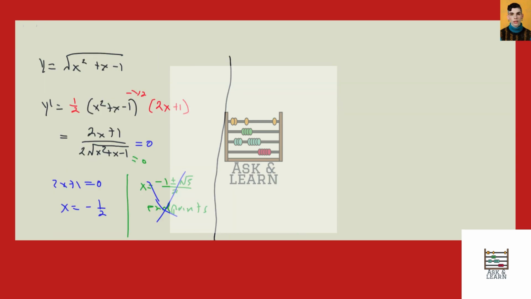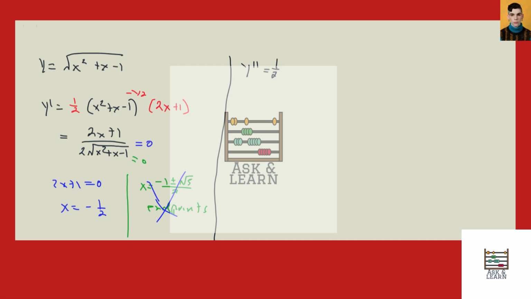So let's go ahead and find our second derivative. To take the derivative of that, we're going to need to use quotient rule as well as chain rule. First I'm going to factor the 1/2 out front, just so I don't have to carry it around everywhere.